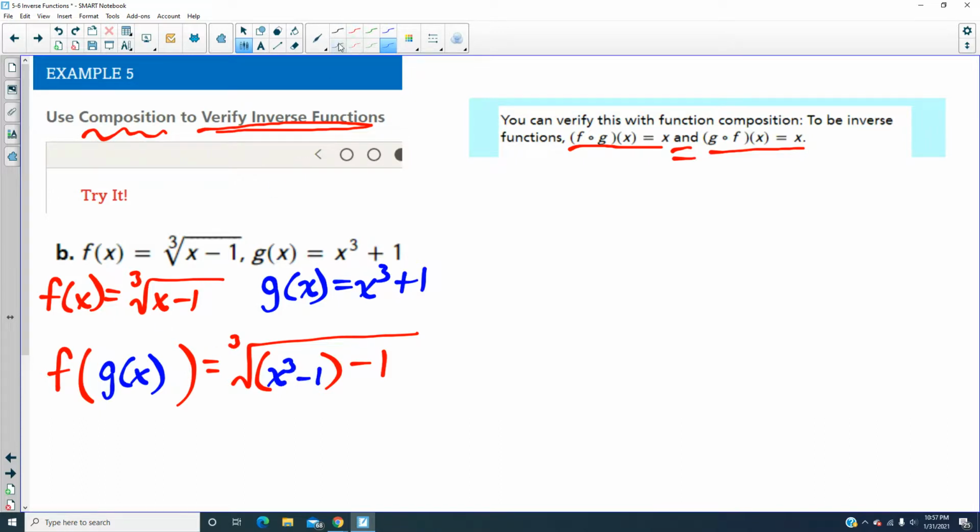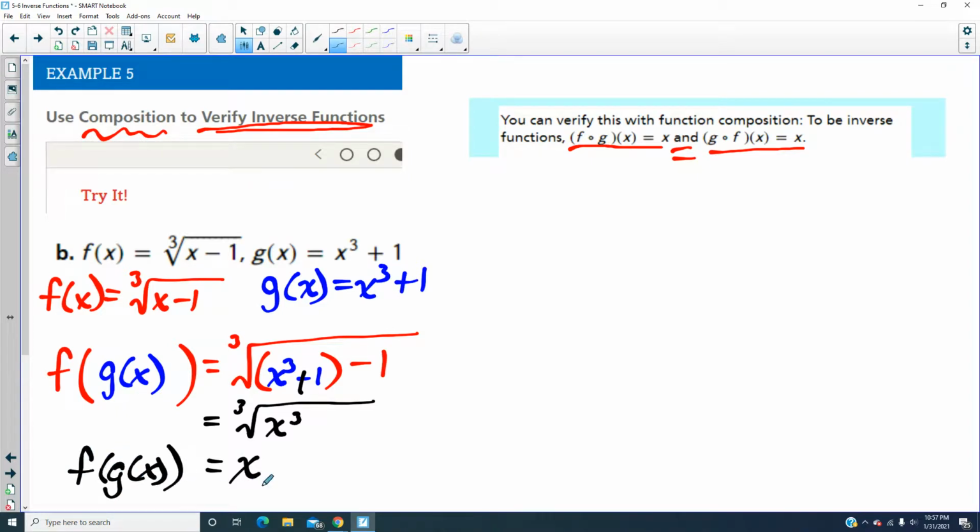So let's see, x cubed minus 1, oh, there's a plus 1 right here, that's plus. x cubed plus 1 minus 1, those 1's cancel out, and I just have the cubed root of x cubed. And the cubed root of x cubed is x. So for f of g of x, I got x. Yay. But I'm not done, because f of g has to be x, and g of f also has to be x. So let's find g of f of x.